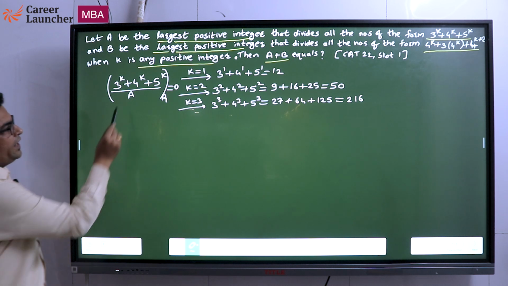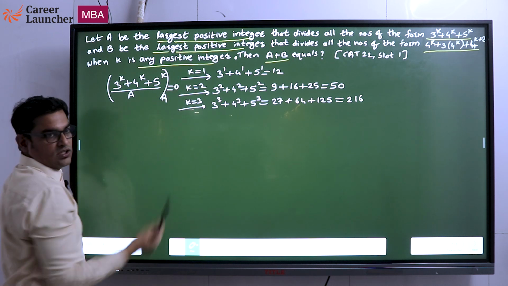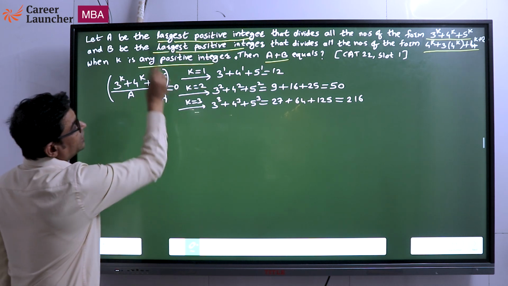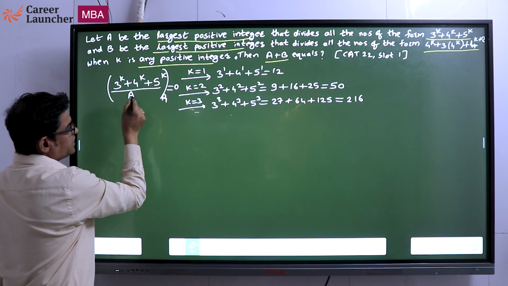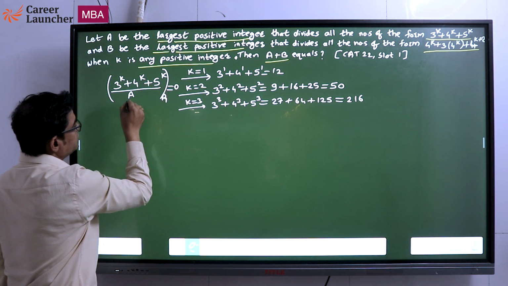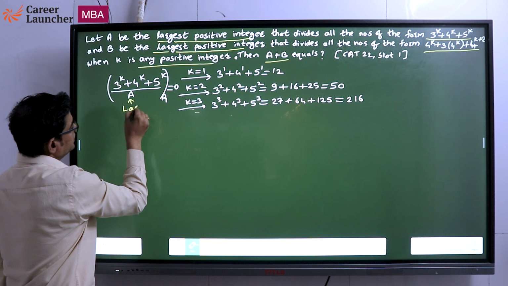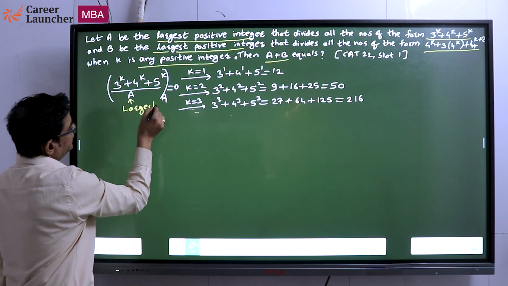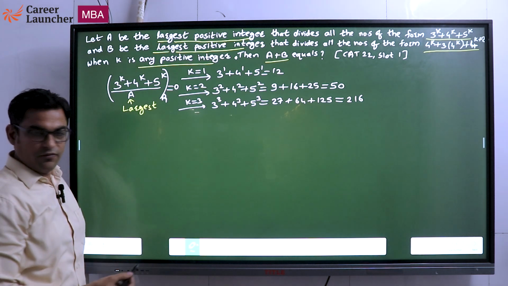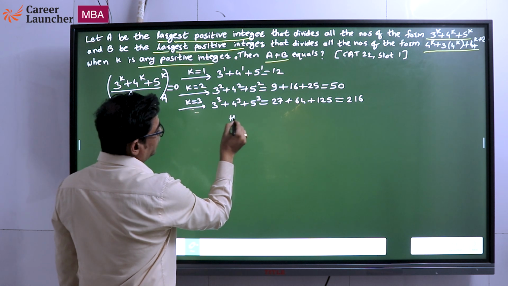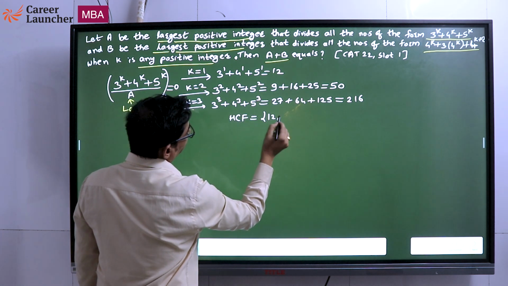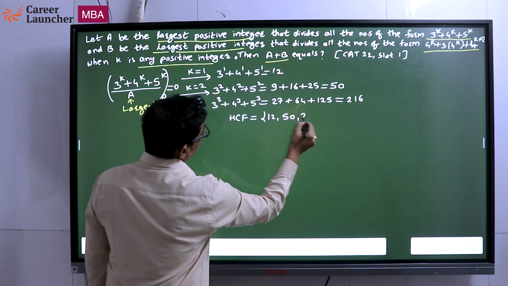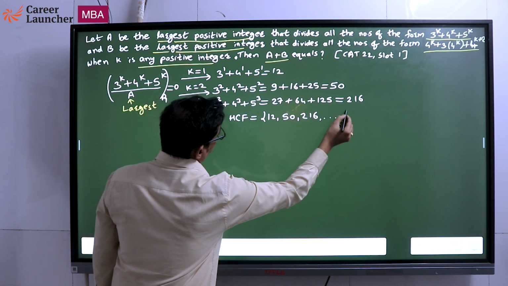So basically, A is a common divisor of all these numbers, and we have been asked the largest possible value, which is nothing but the largest common divisor. Isn't it GCD or HCF? So what do we need to find out? The HCF of all these numbers: 12, 50, 216, dot dot dot.